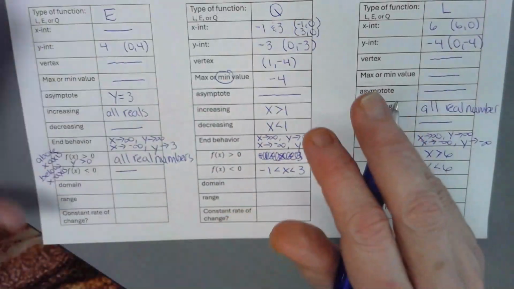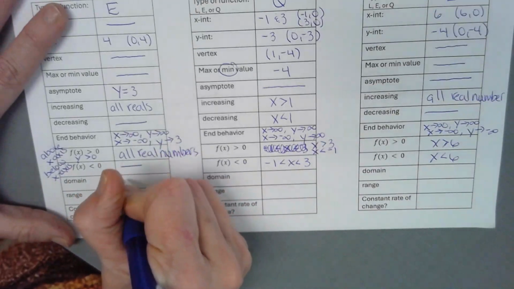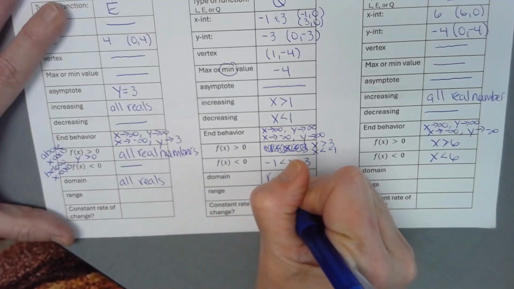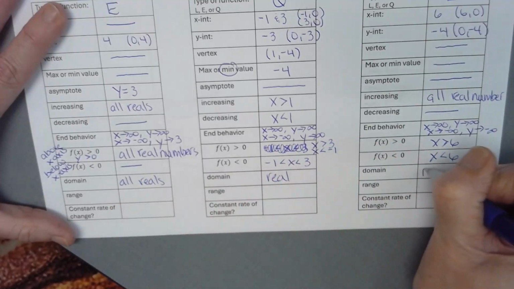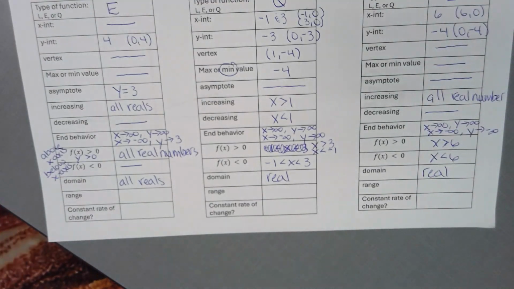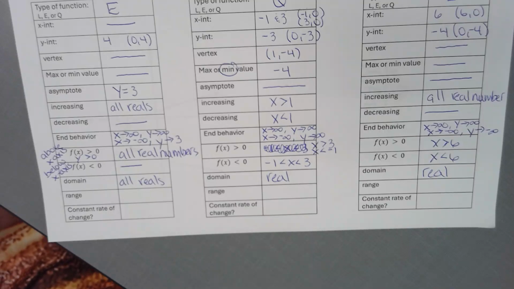Y'all notice that the domain for all three of these functions is all real numbers. If you want to write all reals, or you could just write reals. Reals is a number system that includes the pretty numbers you like, 5, 6, and 7, the decimals you don't like, 5.3. Okay, it's all the numbers. All the x values are covered.